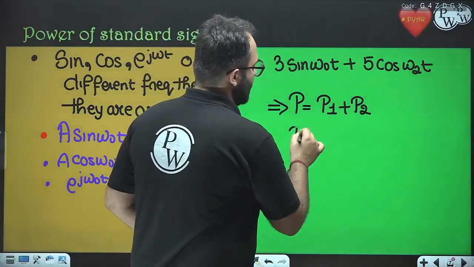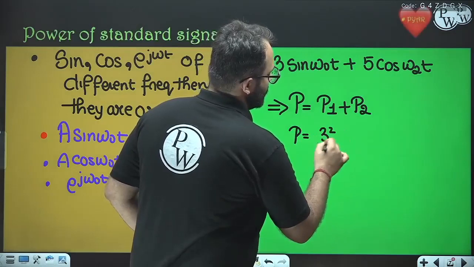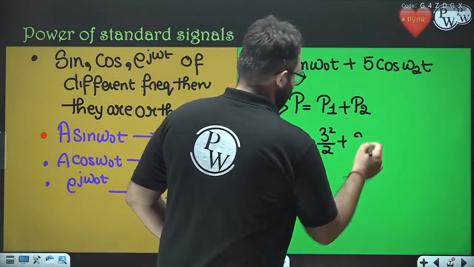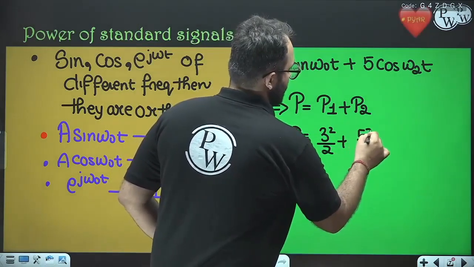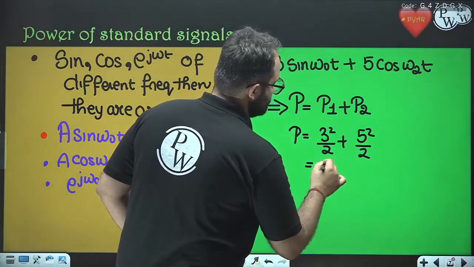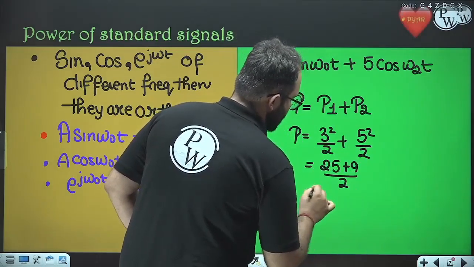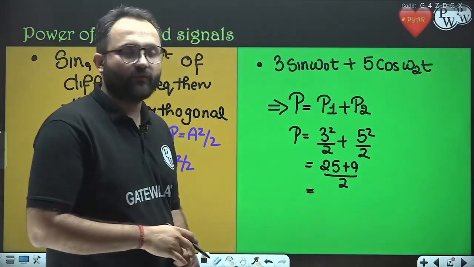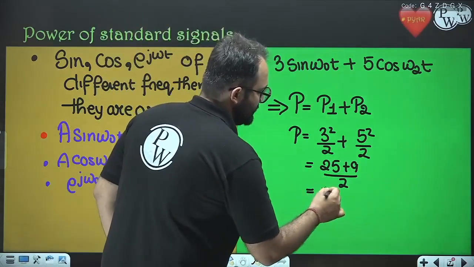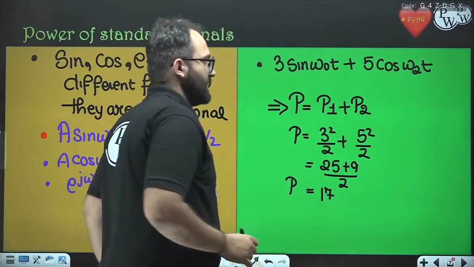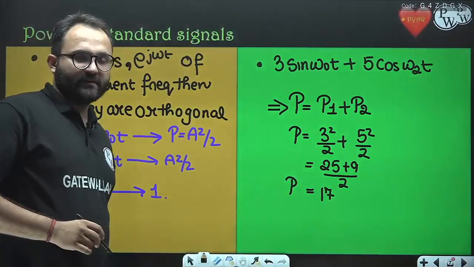So the total power will be 3 square by 2 plus 5 square by 2, that is 9 plus 25 divided by 2. The answer will be 34 divided by 2, which is 17. Okay, this is the power. I hope all of you are able to do this.